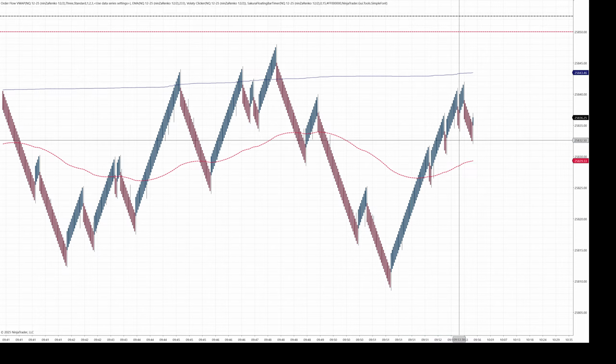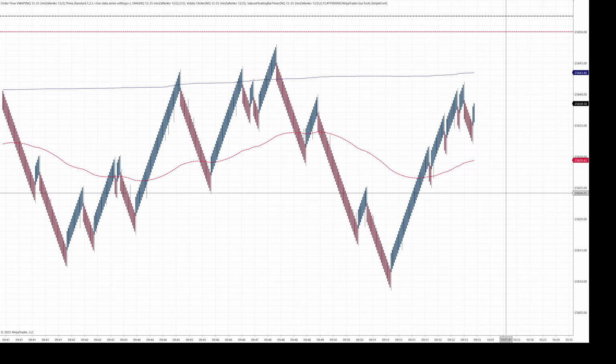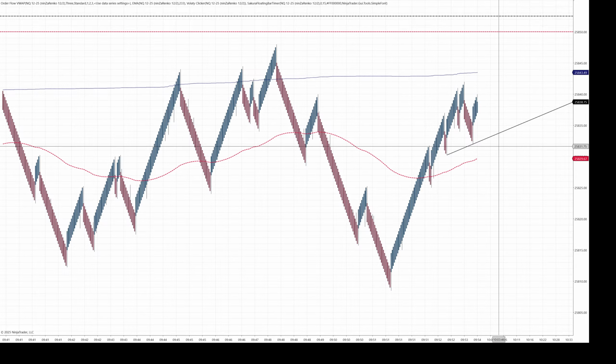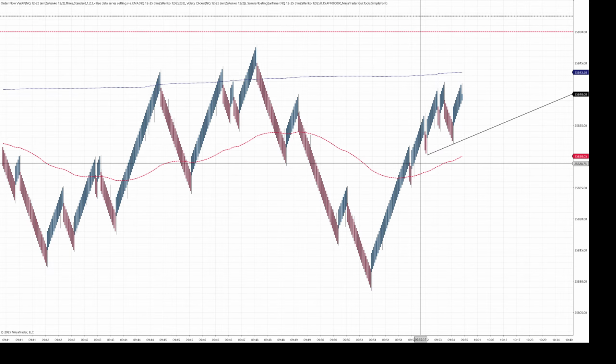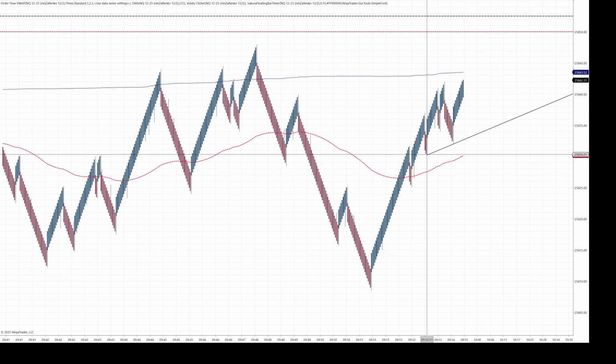This line is no longer valid because we broke through it. So we'll draw this line instead. That's the nearest trend line that I can draw, based on this swing and this most recent lower swing right there.